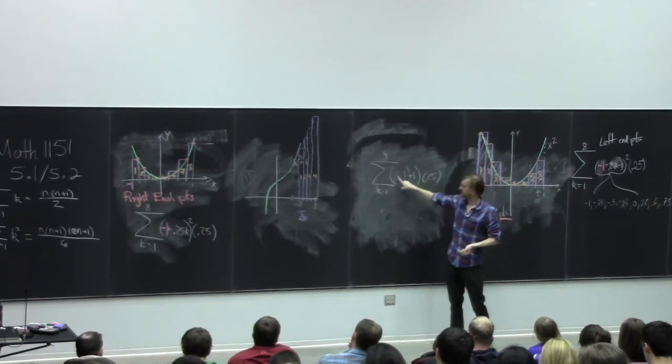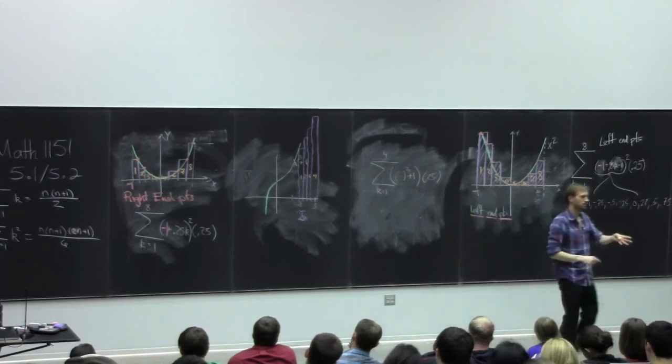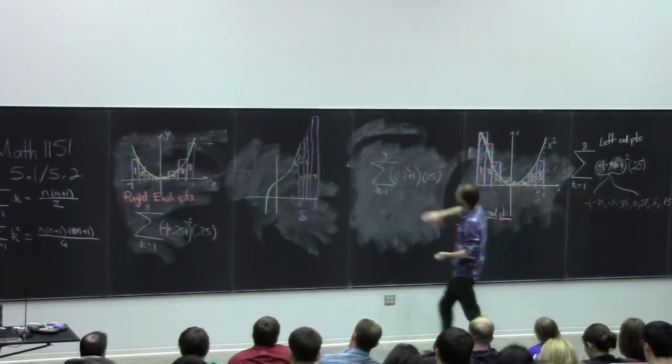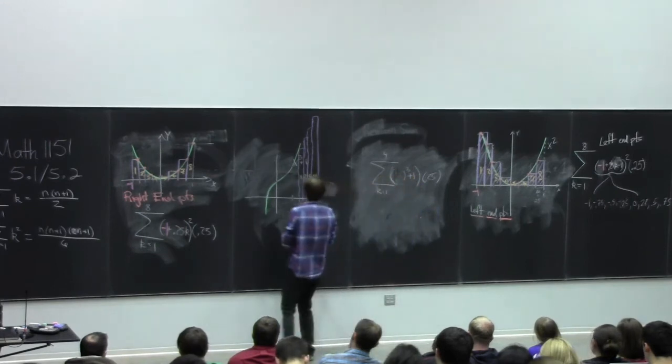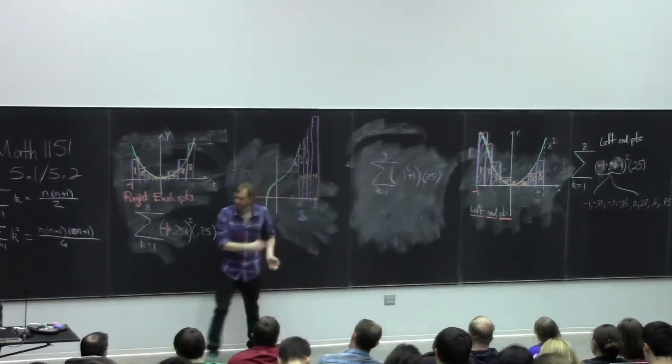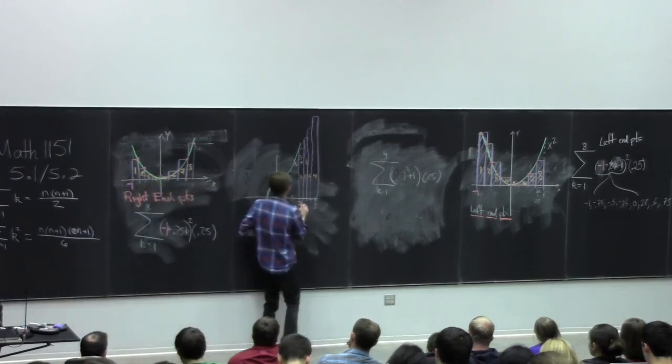So now, what is the height of each rectangle? What type of endpoints are we doing? Left endpoints. You always, always, always write in this number first.